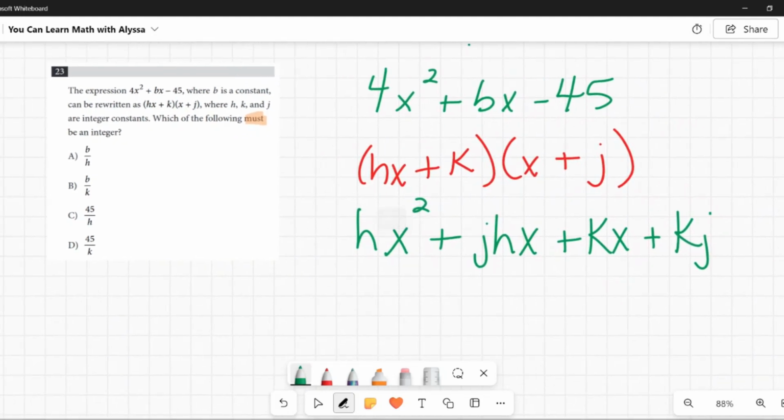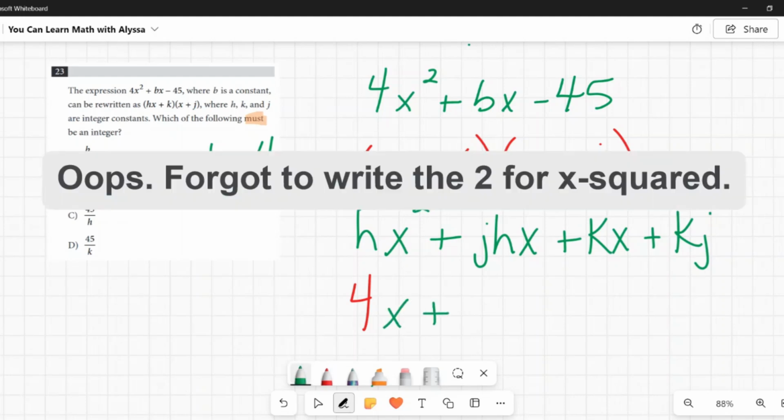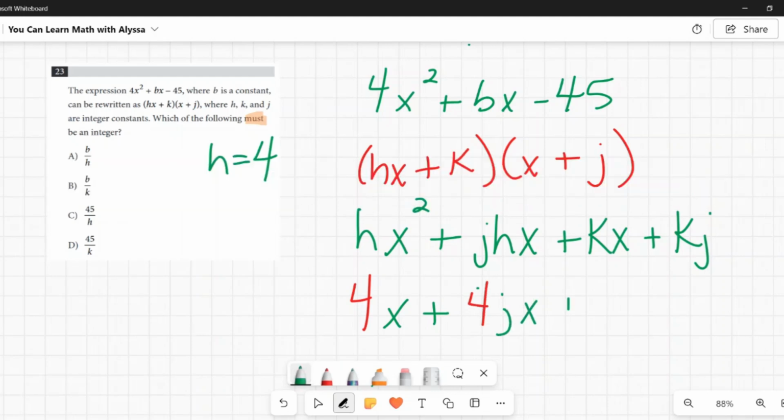Now, if we compare what we got here to what we have here, you'll notice a couple of things. One, we know that h has to be 4, right? It's the number in front of the x squared. So I'm going to write that over here. H equals 4. And I'm going to go ahead and replace it. There we go. 4 times j times x plus k times x plus k times j.